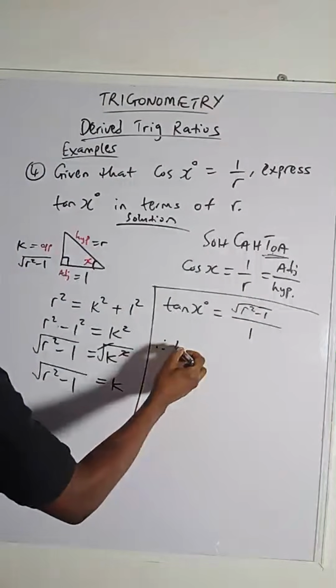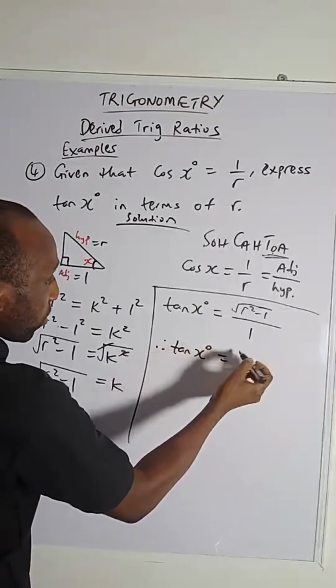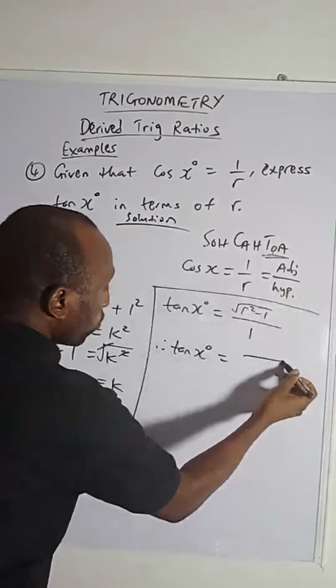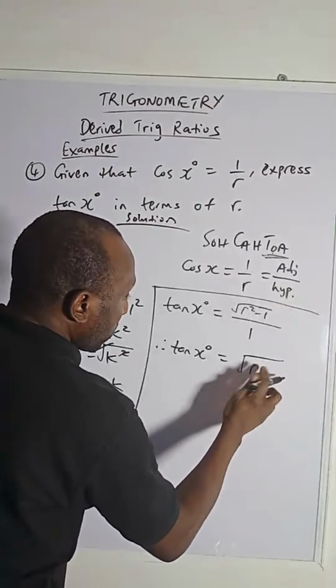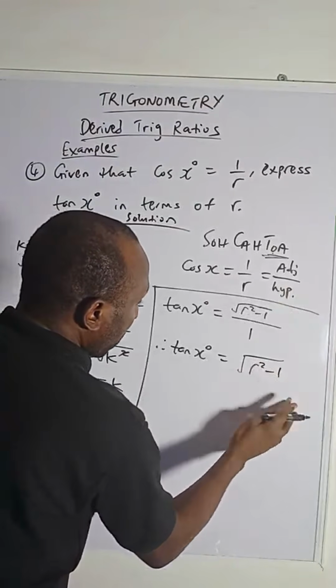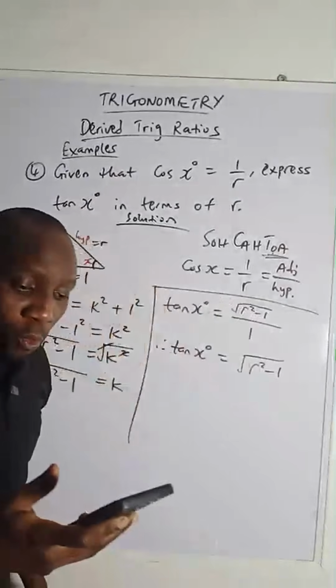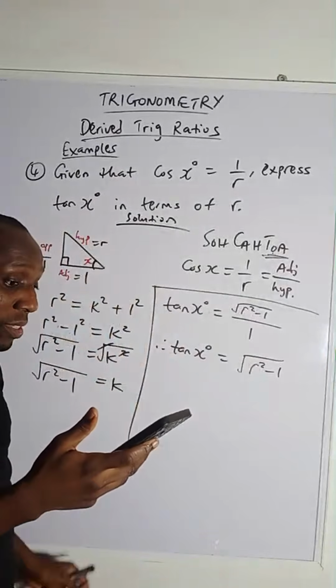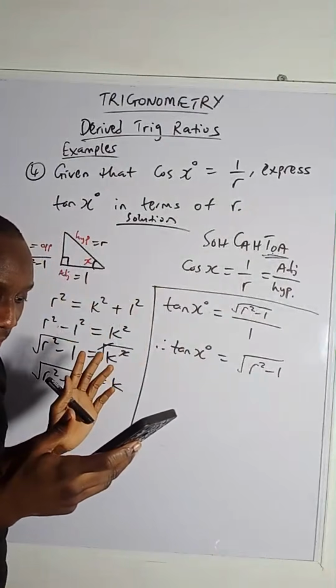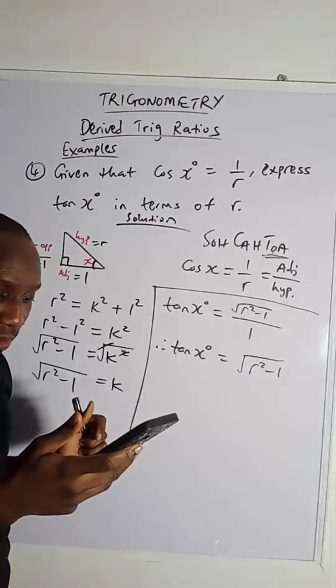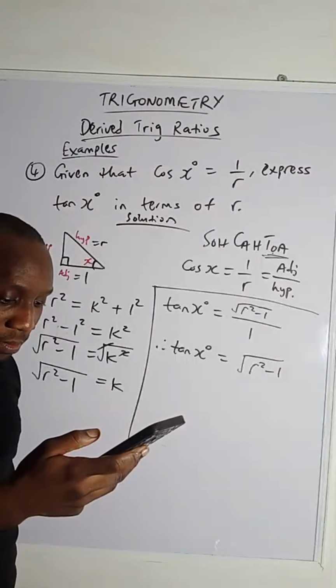Therefore tan x degrees is equal to root of r squared minus 1, since dividing by 1 changes nothing. There you go. If this is clear to you, and you understood everything I've done so far, type 1 in the comments.